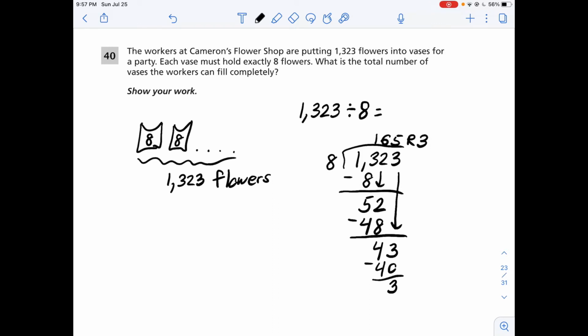Okay, and it says, what is the total number of vases the workers can fill completely? So how many vases can be filled completely? Well, the 166th vase is only going to have 3 flowers in it. So 165 vases will be filled completely.